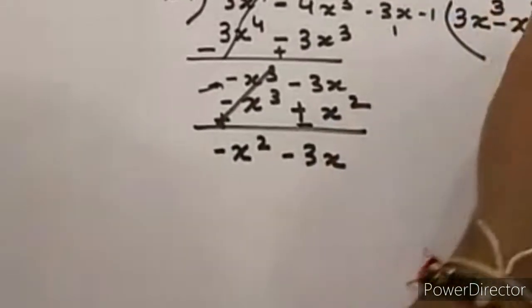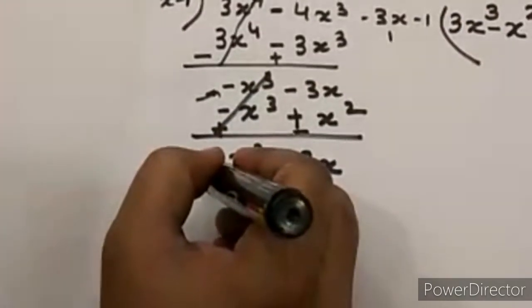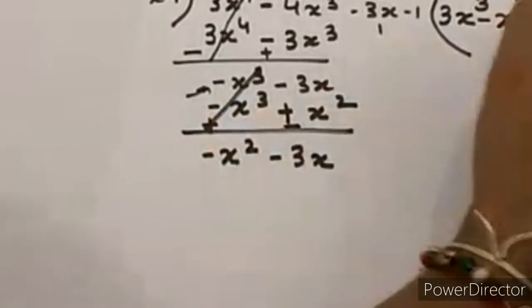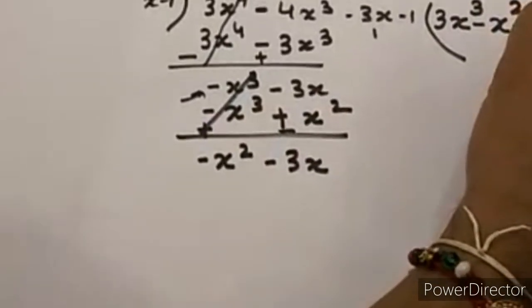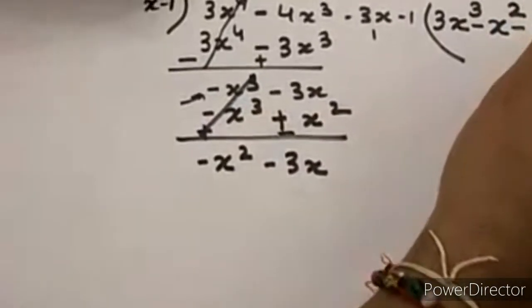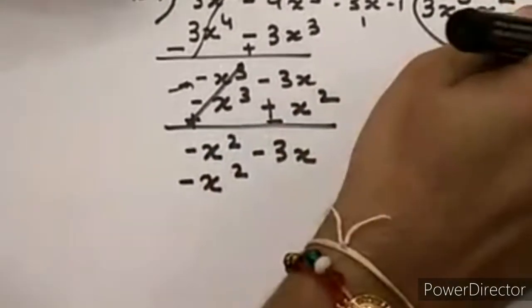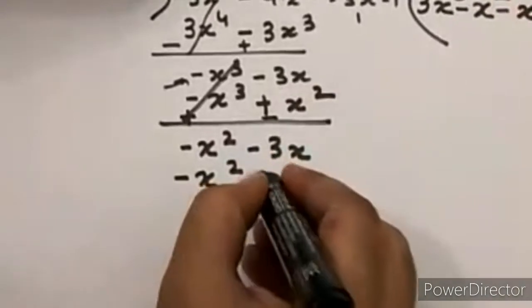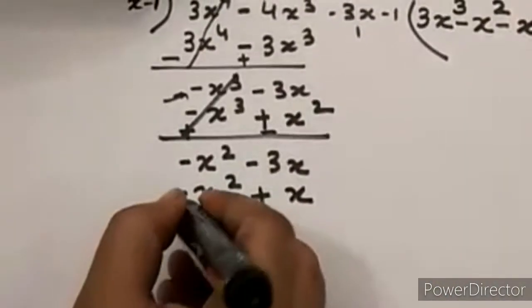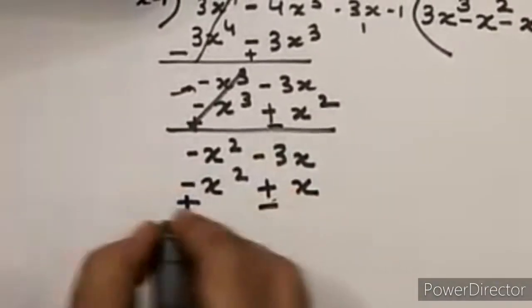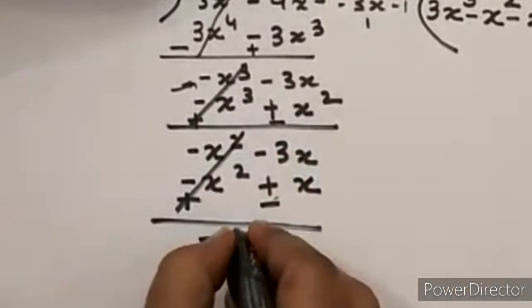Now what is our sign here? Minus x square, minus x square. So what will we be using here? Minus x. Now minus x, what will be here? x square, minus minus plus, plus x. For subtracting, the sign will be changed. It gets subtracted. We get minus 4x.